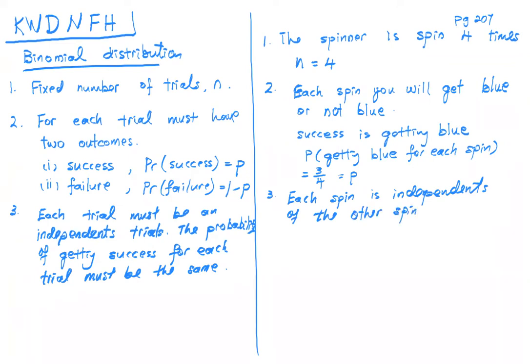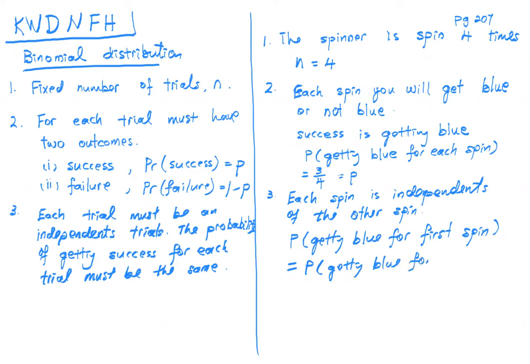Which means the probability of getting blue for the first spin is the same as the probability of getting blue for the second spin.